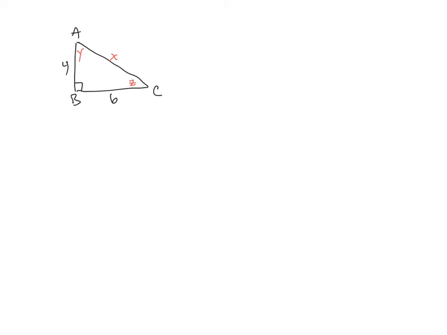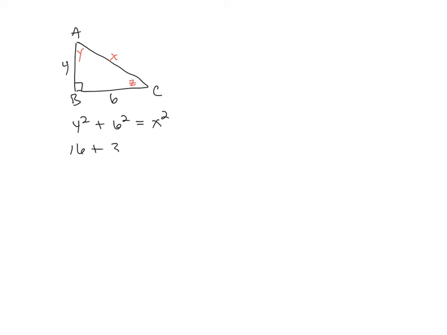So this does take us back a little bit to the first section of the chapter, because I know 2 sides, 4 and 6. I need to figure out AC, which is a third side. That's the Pythagorean theorem. So I'm going to do 4 squared plus 6 squared, and that's going to equal x squared, or if you put c squared, that's fine, as long as you understand it goes where the x is.